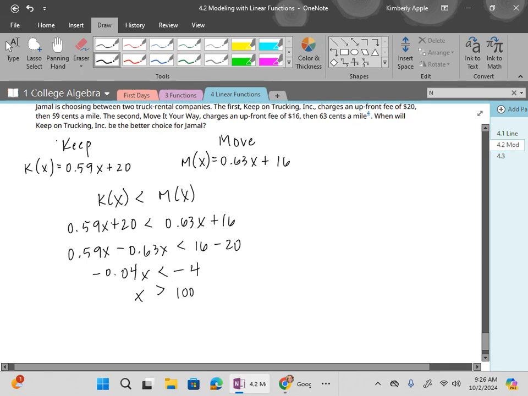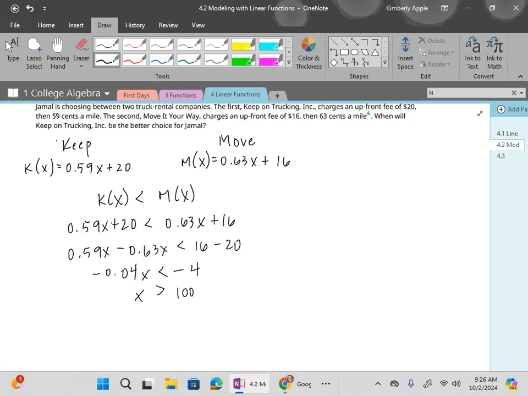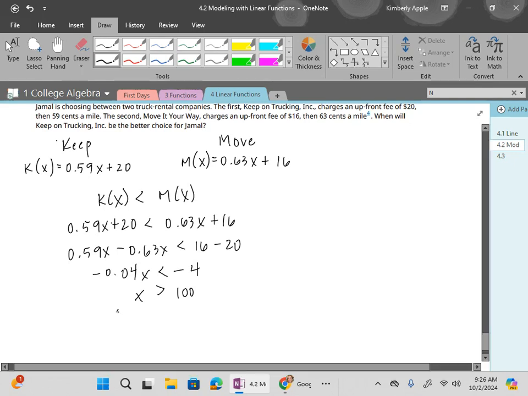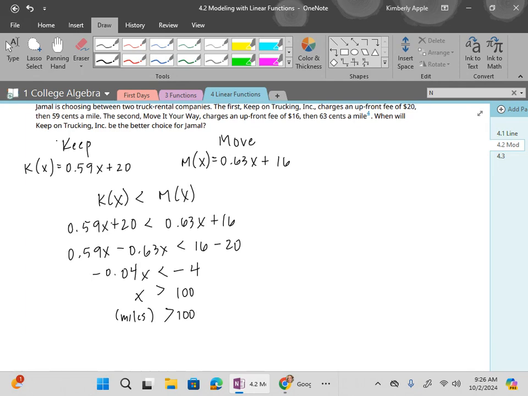Okay, so what's x again? The cost? How many miles? Yeah, miles. The cost is the output, so x is miles. Notice how I put that context back in. So when will Keep On Trucking be the better choice? When he exceeds 100 miles.